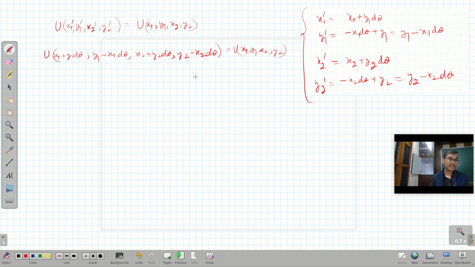I use these results here, and if I apply Taylor's theorem over this part, how can the left hand side be written? Here I discussed Taylor's theorem in an earlier lecture.